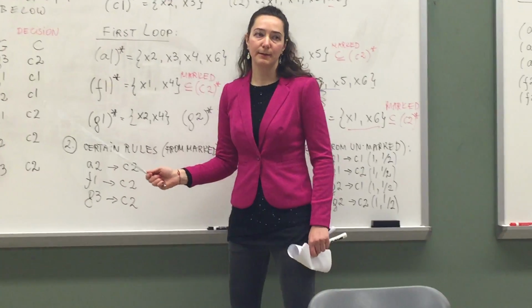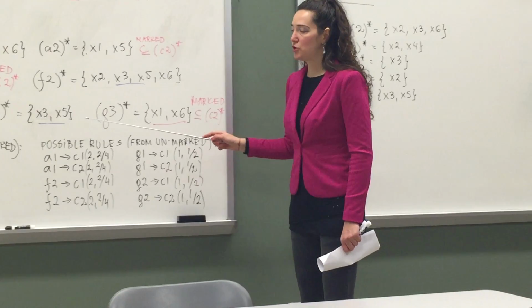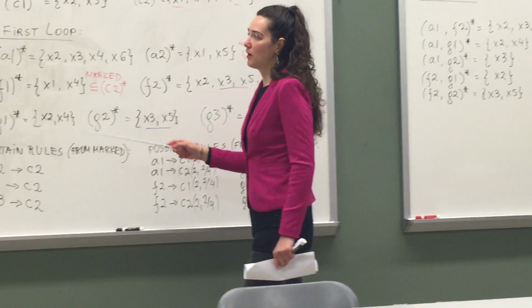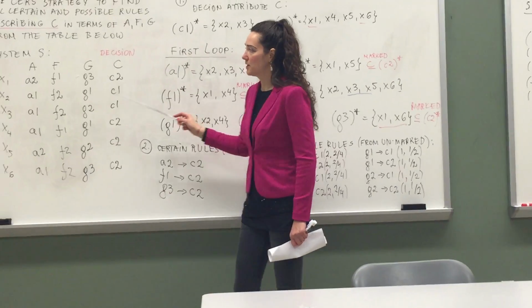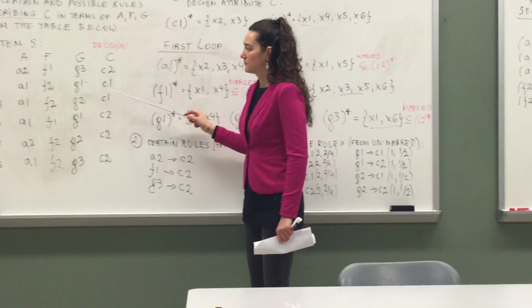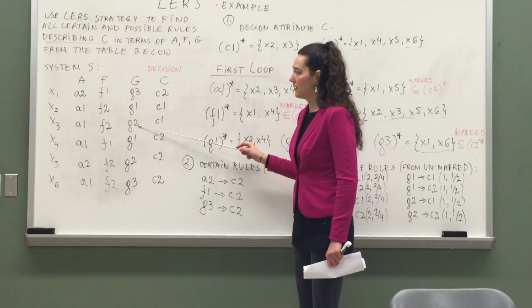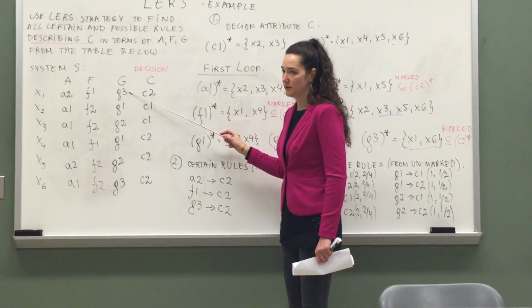I had the same question earlier today. Let's imagine G is your eye color. These are customers and this is the eye color. Blue eyes, brown eyes, hazel eyes.